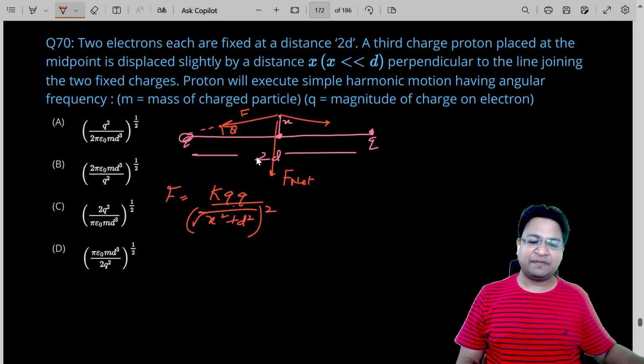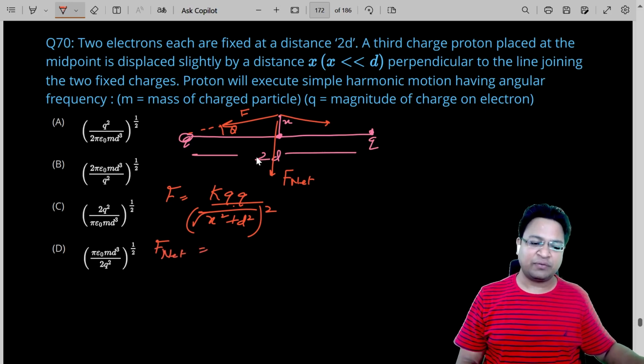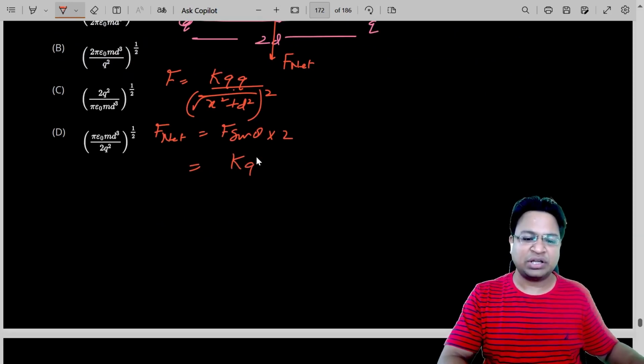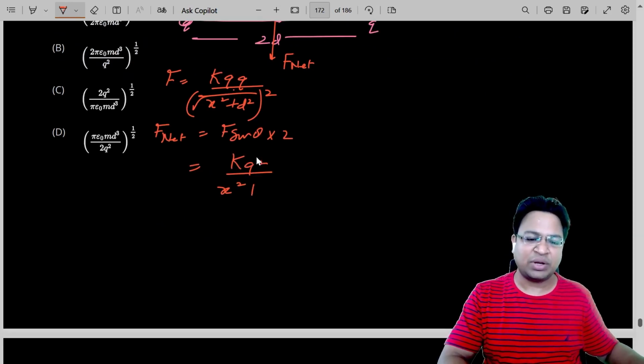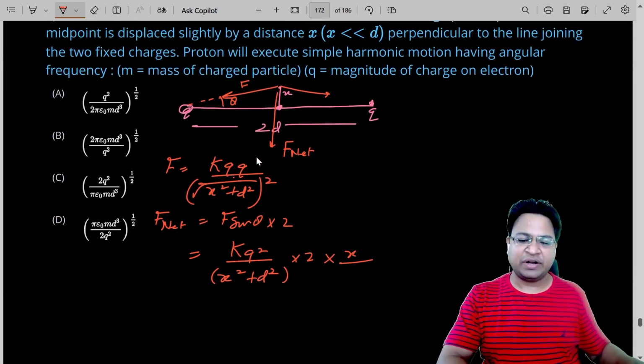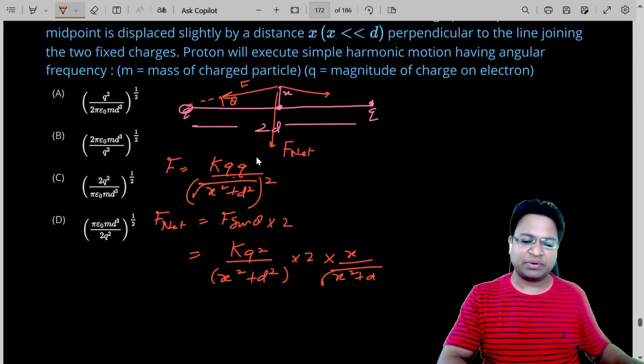Now, how do we write F net? Watch carefully. F net would be F sine theta into 2. The value of F we've already written: it is kq square by x square plus d square. Now 2 into sine theta, and sine theta would be x divided by root of x square plus d square.